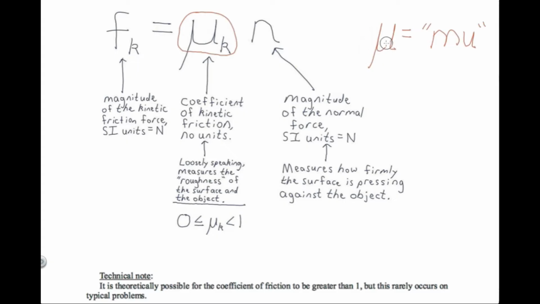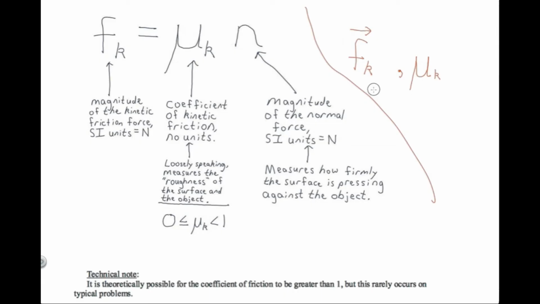This symbol is the Greek letter mu, so this symbol is pronounced mu sub k. Mu sub k stands for the coefficient of kinetic friction. Don't confuse the force of friction with the coefficient of friction. The symbol n, written without an arrow on top, stands for the magnitude of the normal force.